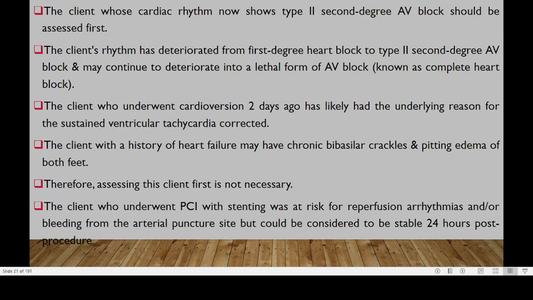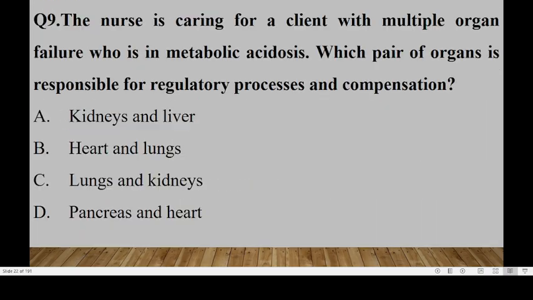A client with a history of heart failure may have chronic basilar crackles and pitting edema of both feet as normal symptoms, so assessing this client first is not really necessary. The client who underwent PCI with stenting was at risk for reperfusion arrhythmias and or bleeding from the arterial puncture site, but could be considered stable 24 hours after the procedure.